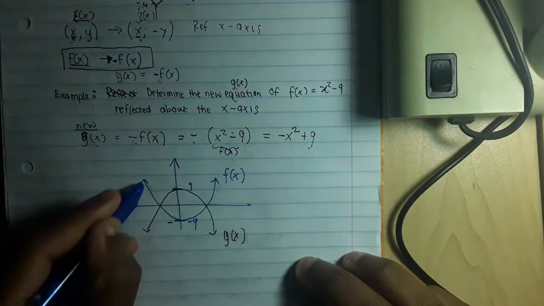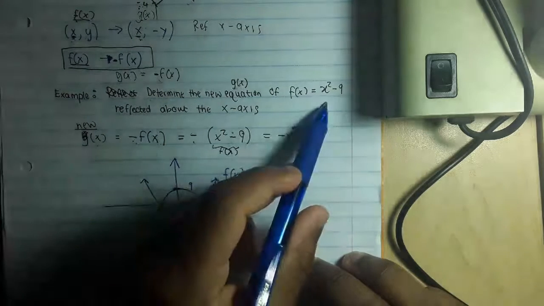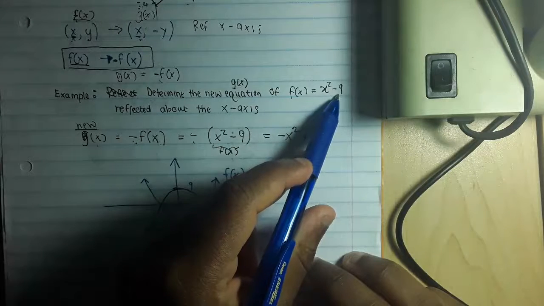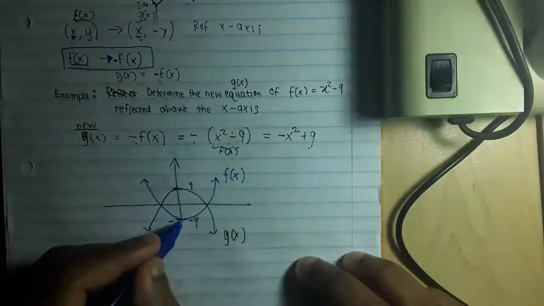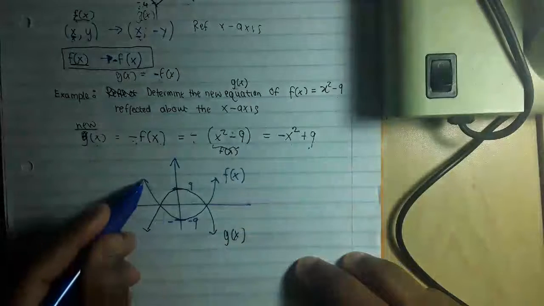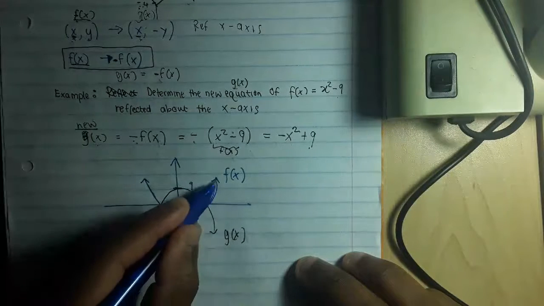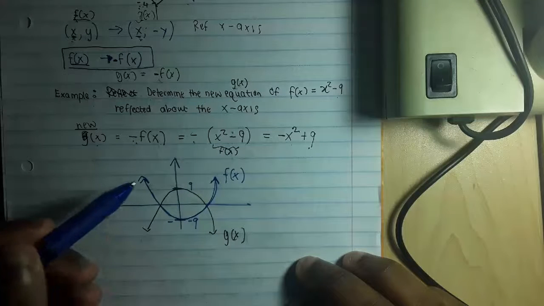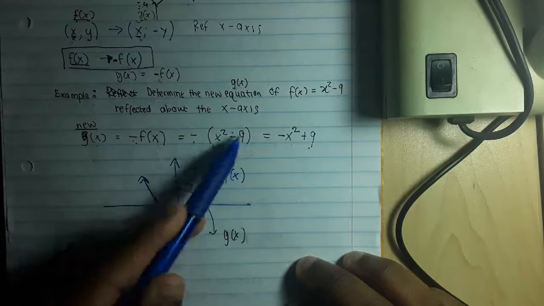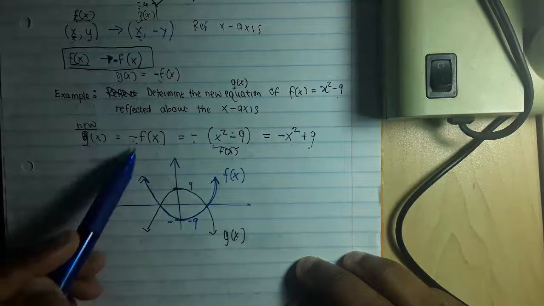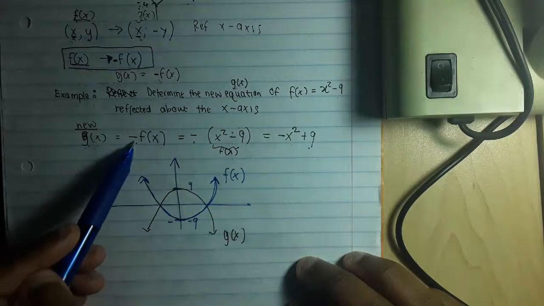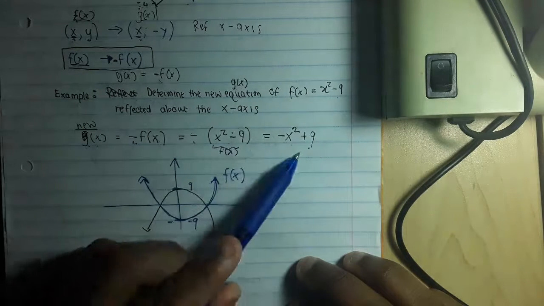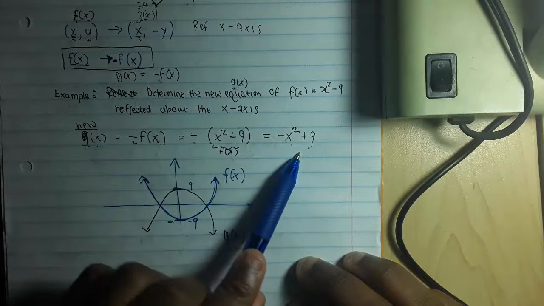Here we have the old graph. Notice that the y-intercept is at negative 9. So this is what we have on the old graph, f of x. This is how it's drawn. And now it's reflected about the x-axis. We said that we'll just add a negative there, and this is the new graph reflected about the x-axis.